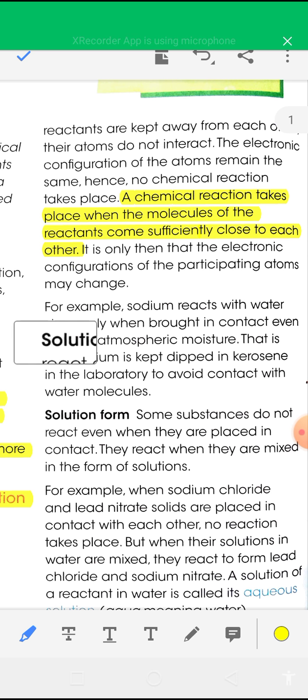Second condition of chemical reaction is solution form. Some substances do not react even when they are placed in contact. They react only when they are mixed in the form of solution.